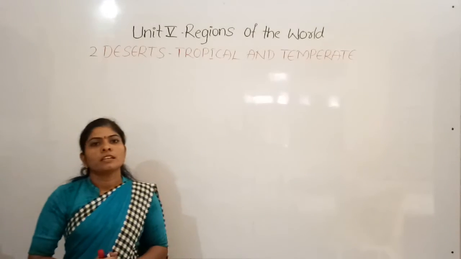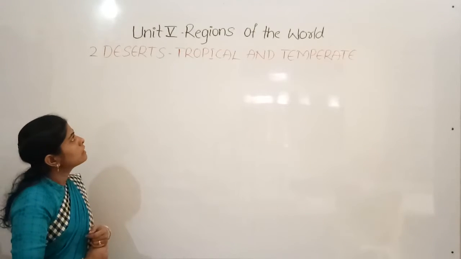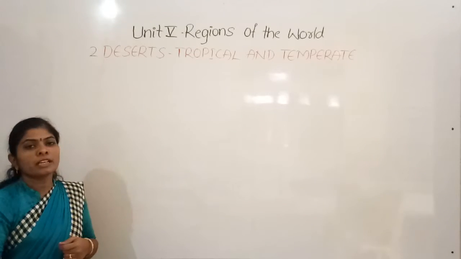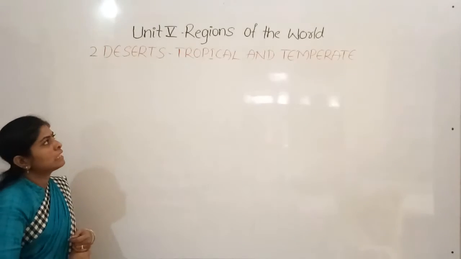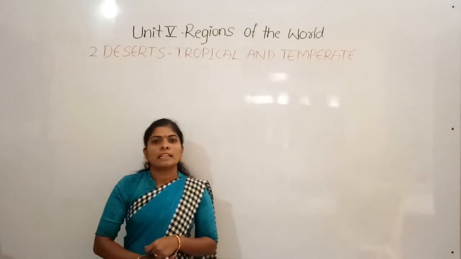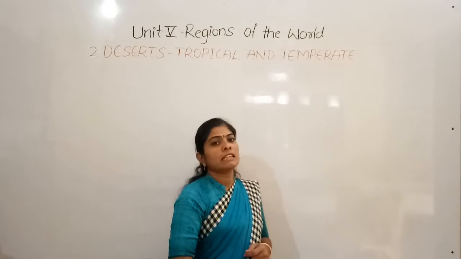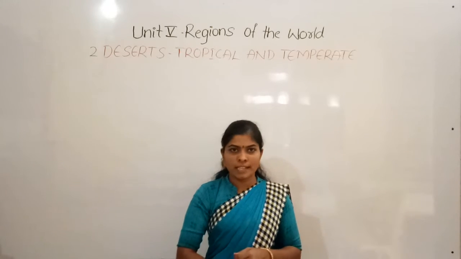So, you all know that now we are discussing the 5th unit of your SST part, that is regions of the world. And in our previous class we discussed the types of grasslands.